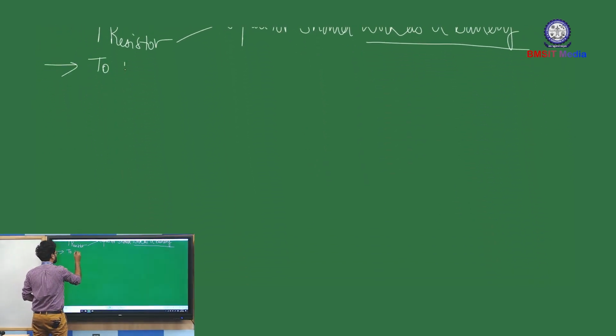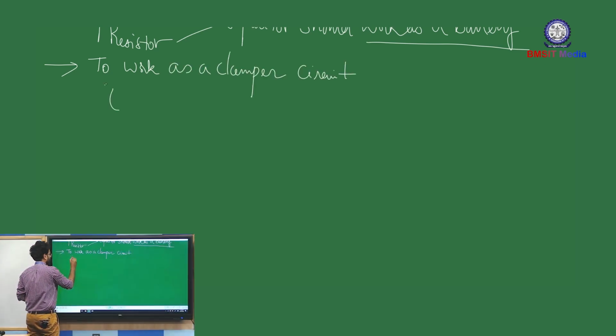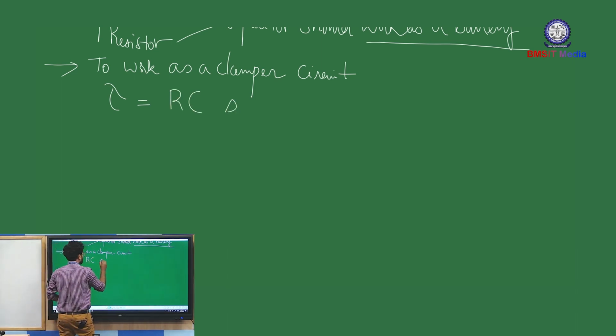Now, to work as a clamper circuit, the time constant of the circuit, say tau, which is basically the product of R into C, should be very large.